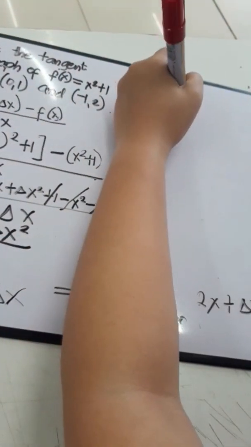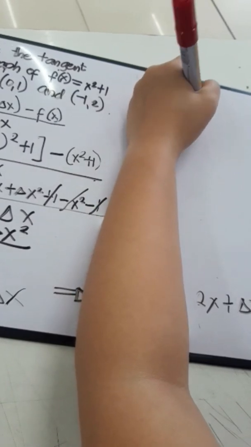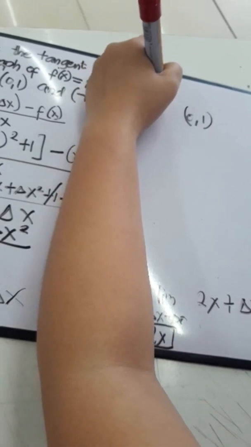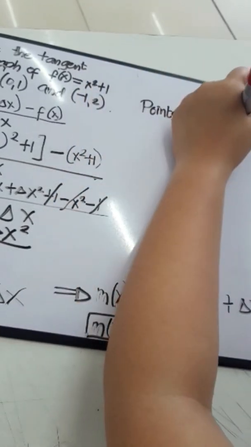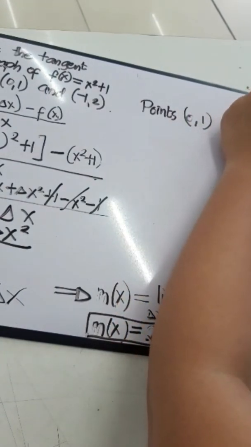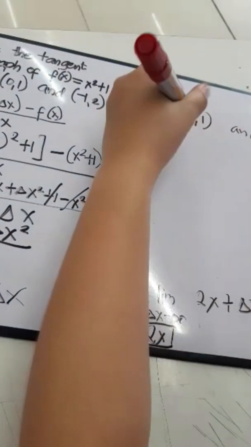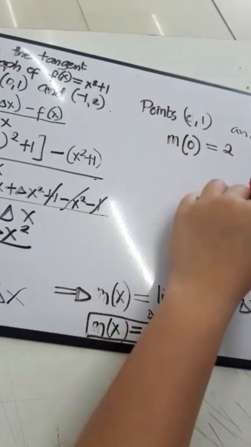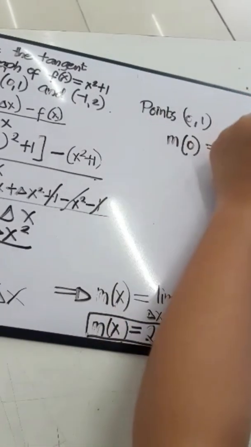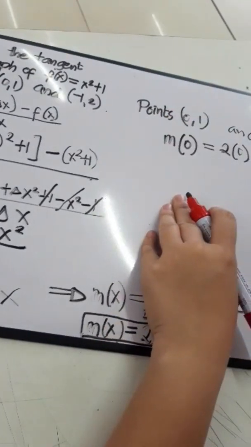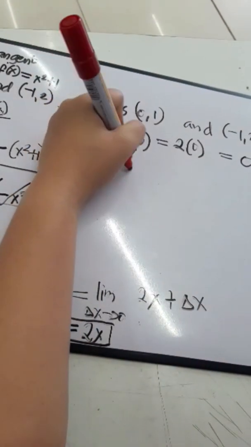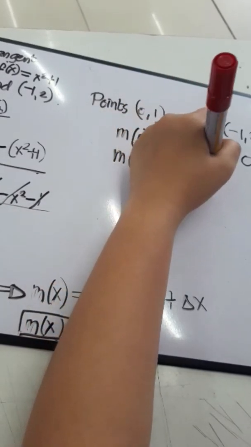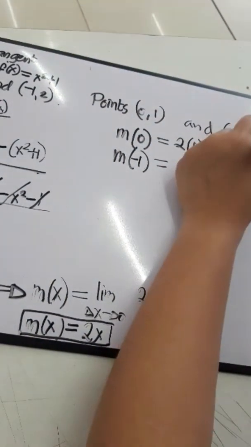So, we have 0, 1, and negative 1, 2. So, the slope at 0 is equal to 2 times 0, which is equal to 0. Okay? And the slope at negative 1 is equal to 2 times negative 1, which is equal to negative 2.